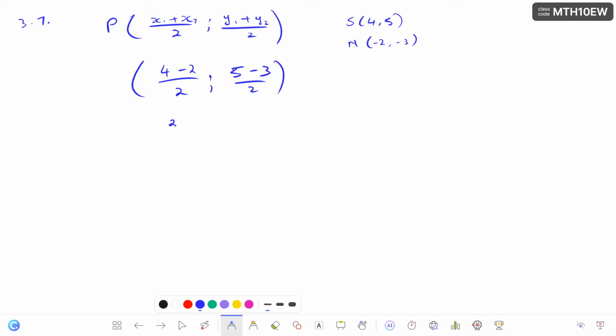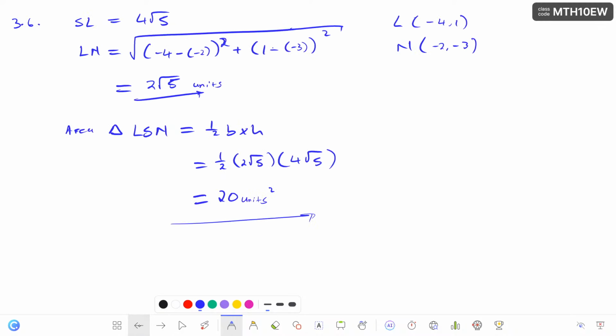Here you're going to get 2 divided by 2, here you're going to get 2 divided by 2. So the coordinate P is 1 and 1. So let's go to the next question.